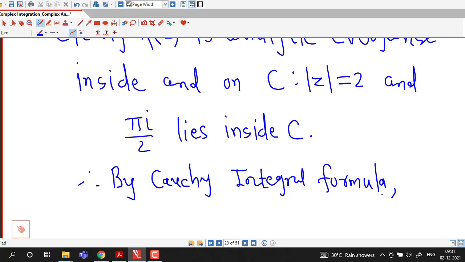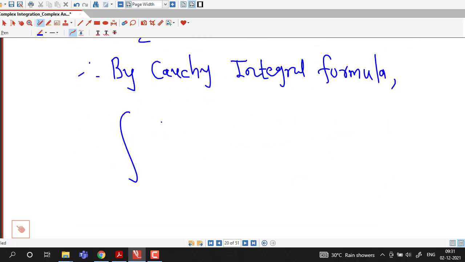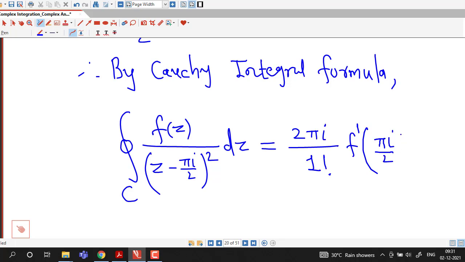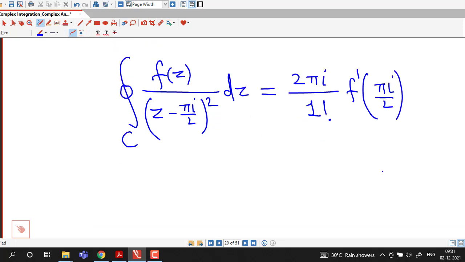So by Cauchy integral formula, the integral of f of z divided by z minus pi i by 2 whole square dz along contour C will be equal to 2 pi i divided by 1 factorial and the first derivative of f at point pi i by 2. So now this is going to be 2 pi i, 1 factorial is 1.